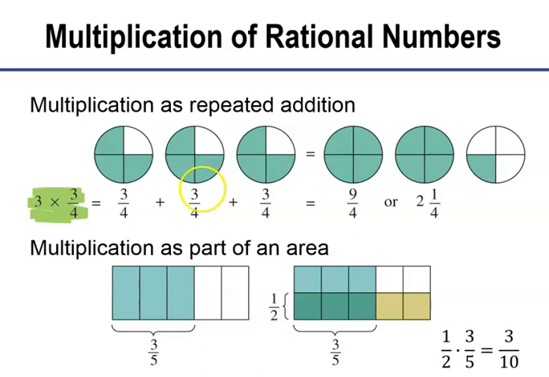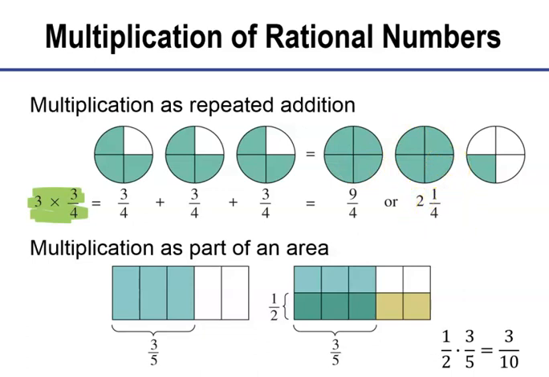So we have 3 plus 3 plus 3 is 9, and of course each of those is a common denominator already, which results in 9/4, which is equivalent to 2 and 1/4. And if you just count your shaded regions, 1, 2, 3, 4, 5, 6, 7, 8, 9, that represents the 9. And if we filled up entire circles, that's 4 and 4 is 8 of them with 1 left over, and that represents the mixed number 2 and 1/4.